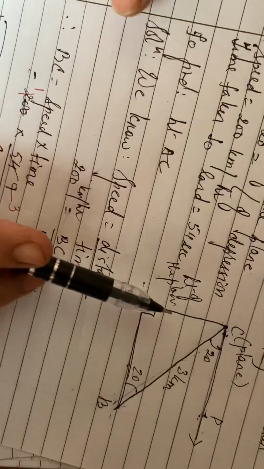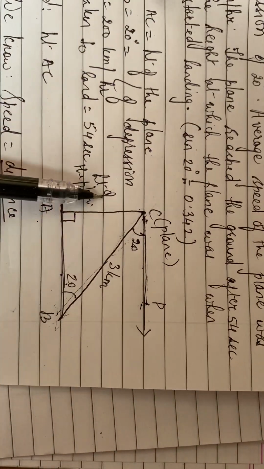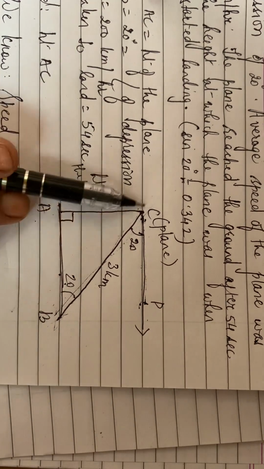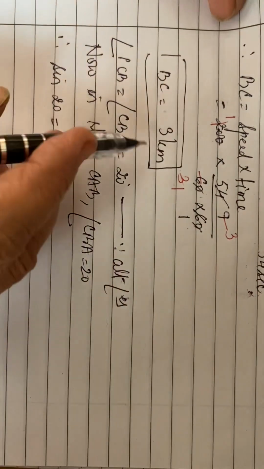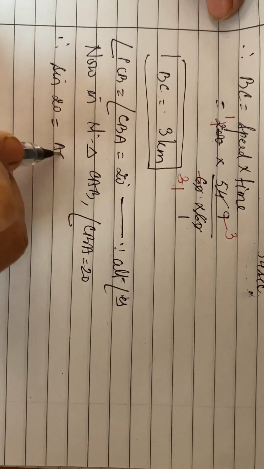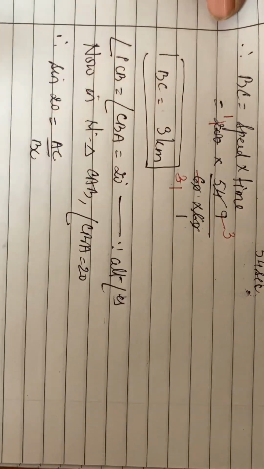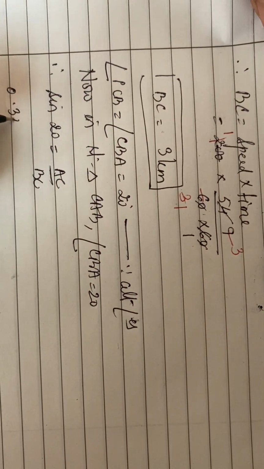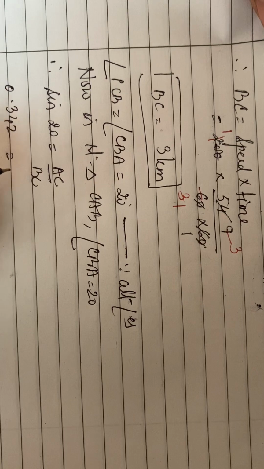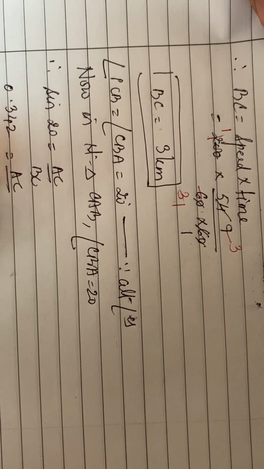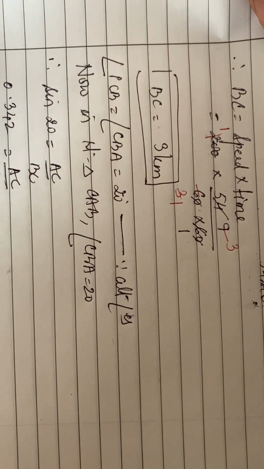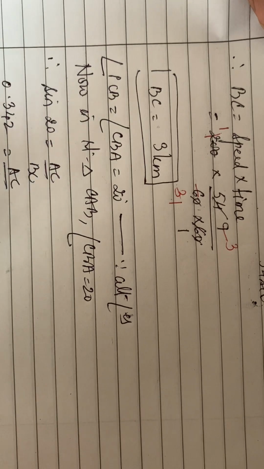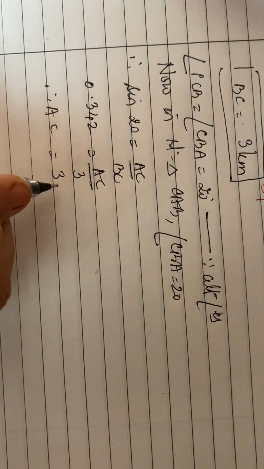Sine ratio is opposite upon the hypotenuse. We got the hypotenuse as 3 kilometers. So AC upon BC. The value of sine 20 is 0.342. AC you have to find out. BC is 3. So AC will be equal to 3 multiplied by 0.342.